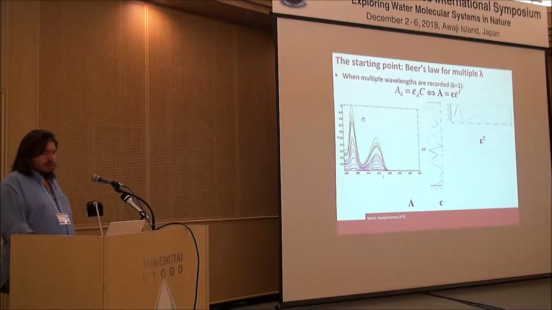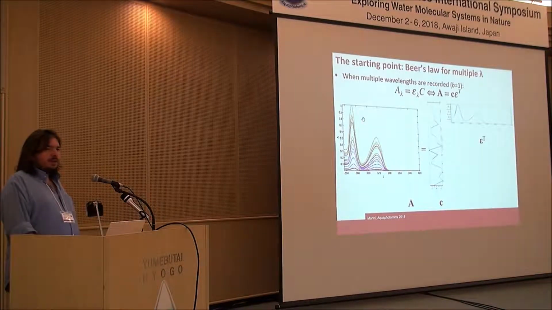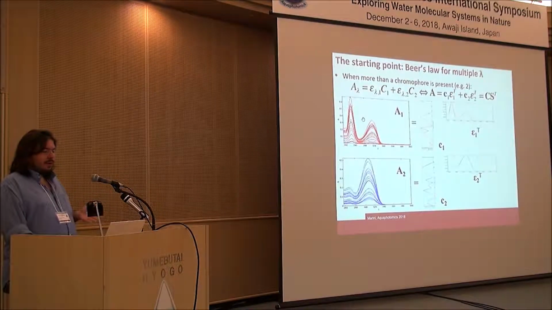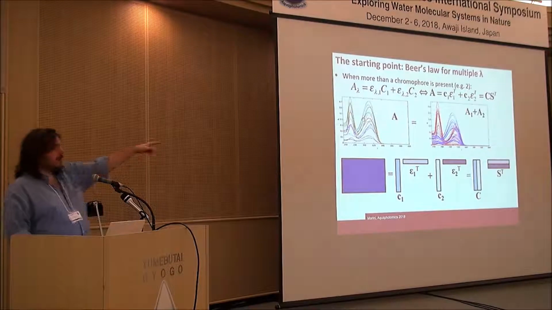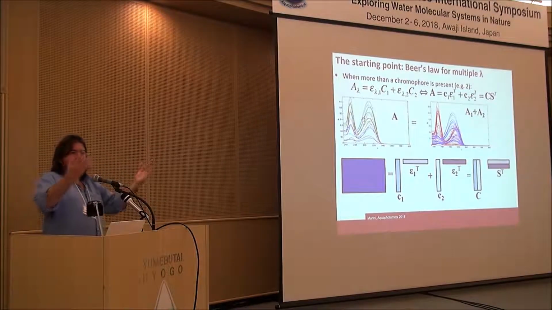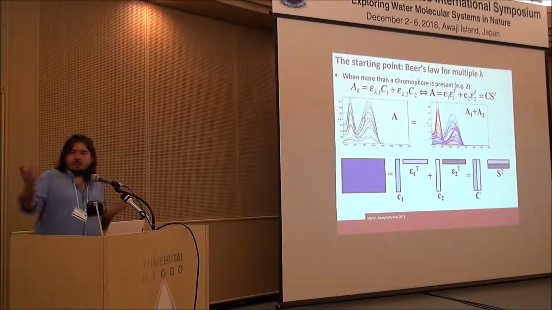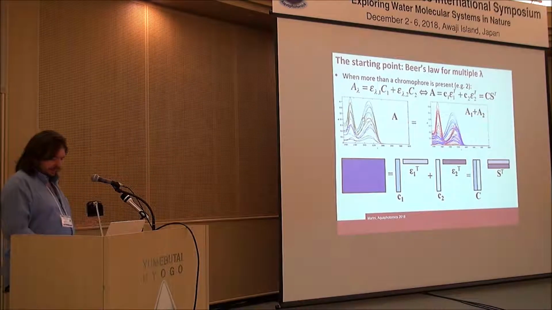This is just to show that, of course, if one writes down Beer's law in matrix-vector terms, one ends up with exactly the same equation as PCA: matrix of concentration times matrix of spectral profiles transposed.